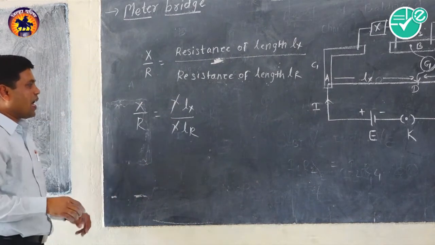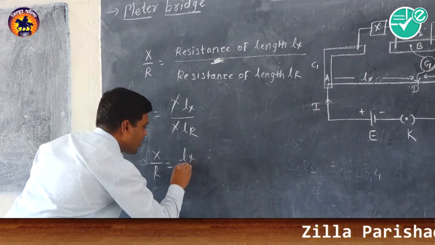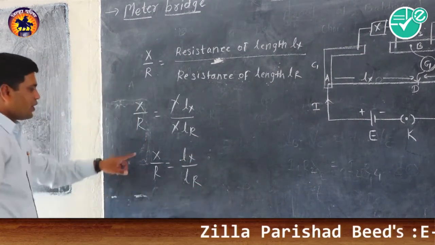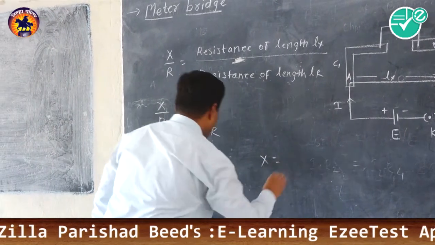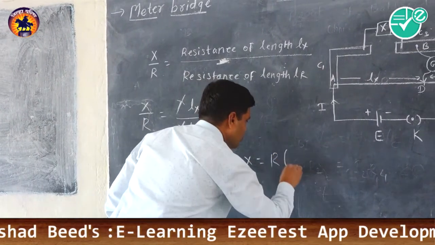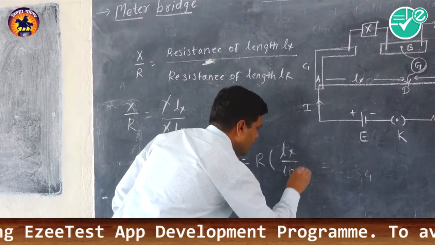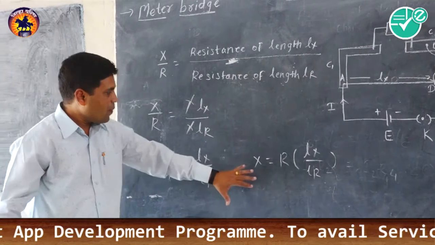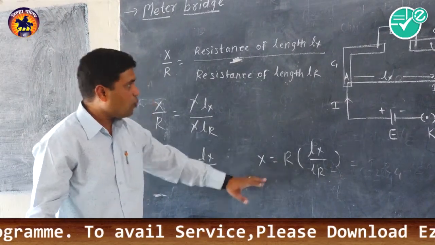Cancel lambda and lambda, and you get X by R equals Lx divided by Lr, and this is the balanced condition. So to calculate the unknown resistance, we get the equation X equals R into Lx divided by Lr. This is the very famous equation. Here X is the unknown resistance and it can be calculated using this formula.